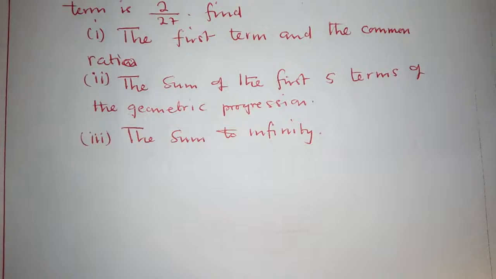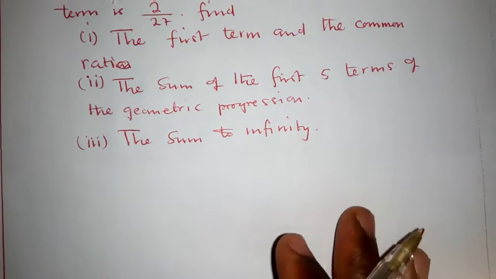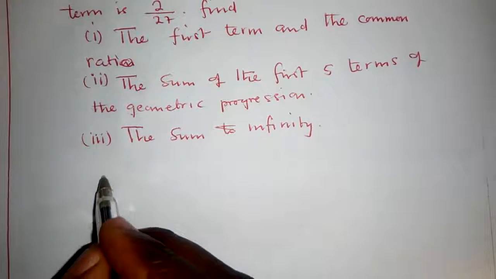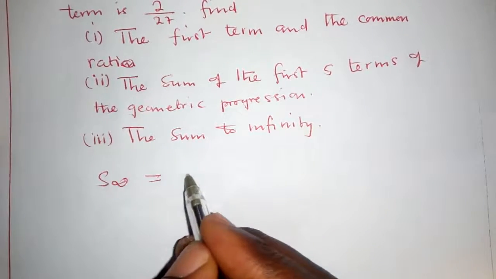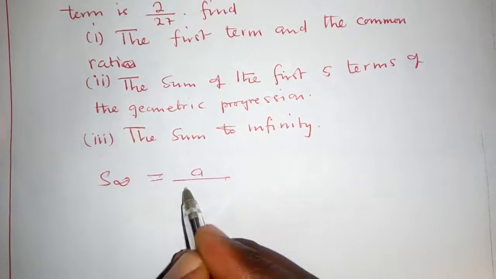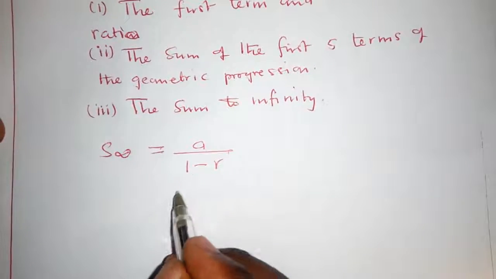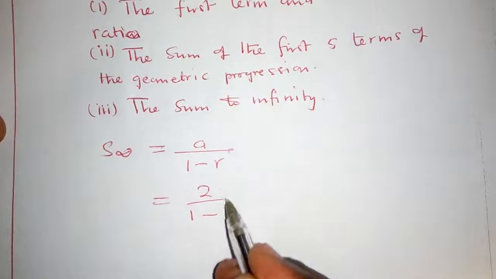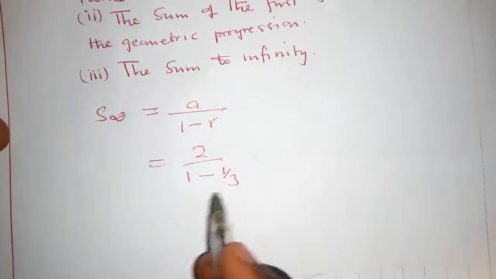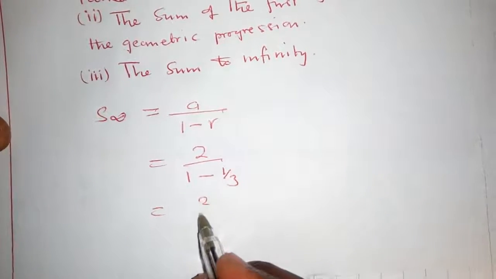Okay, we now go to the last question, sum to infinity. The formula looks like this. Our a, we found as 2. R was 1 over 3. So we can solve here.